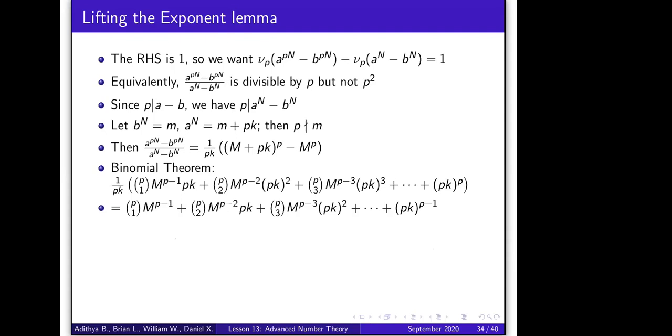Yep, every term in here is divisible by P. That's why it is, the P choose one here makes it divisible by P. So all these terms have a factor of P in them, and then this one has a factor of P choose one, which is P as well. So it's immediately divisible by P.